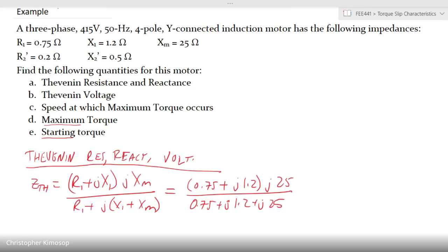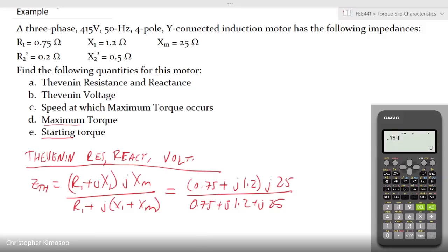Okay, let's calculate that. So we have 0.75 plus 1.2j times 25j.